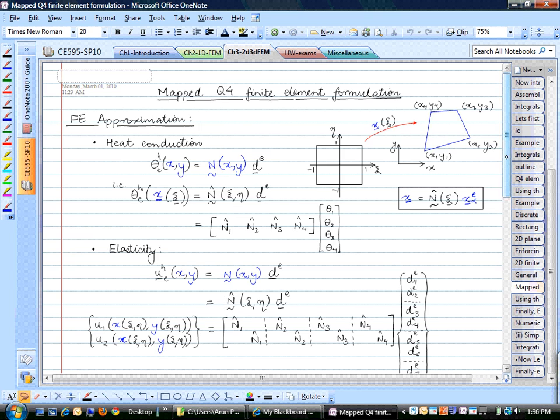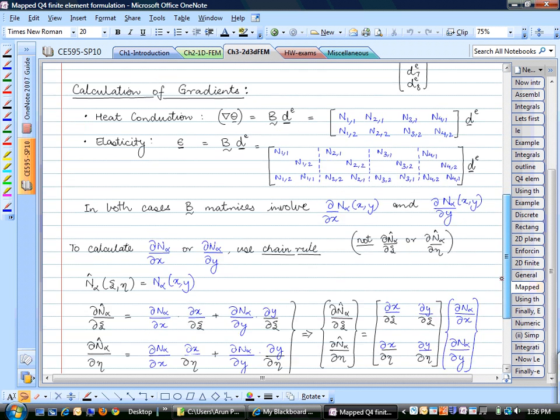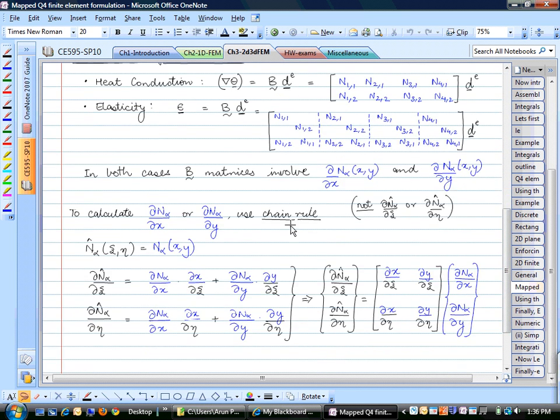So to calculate all those gradients, we started to say that we'll take a chain rule, and what we essentially want is the derivative of each of the shape functions with respect to x and y. That is, the derivative of the shape function with respect to x and with respect to y. These derivatives are not with respect to xi and eta.